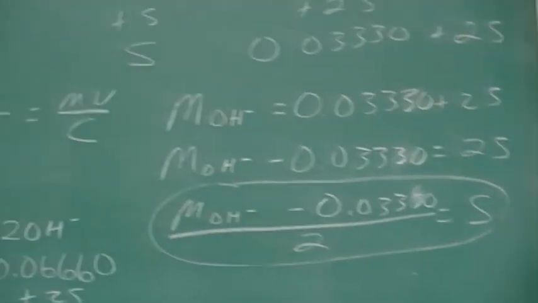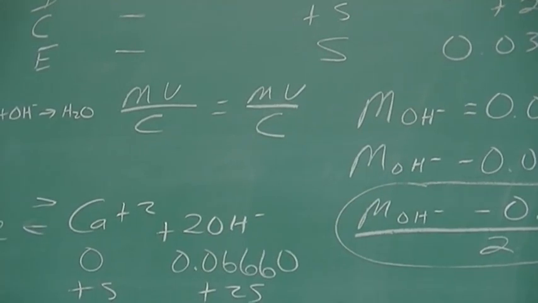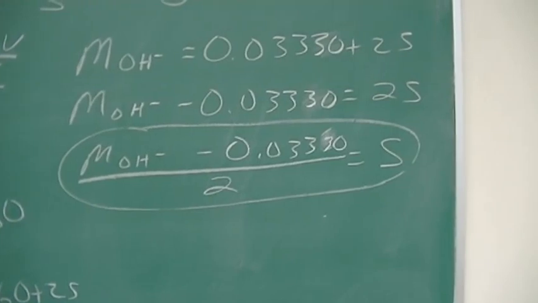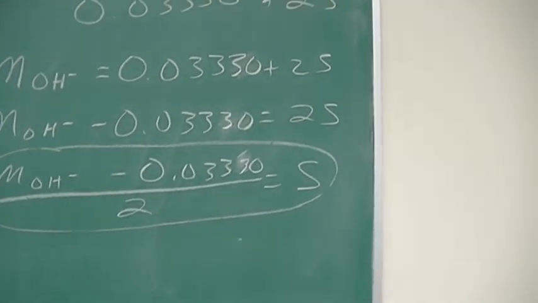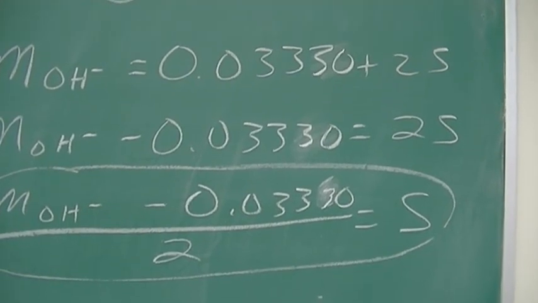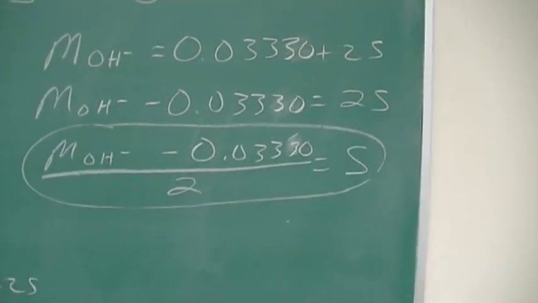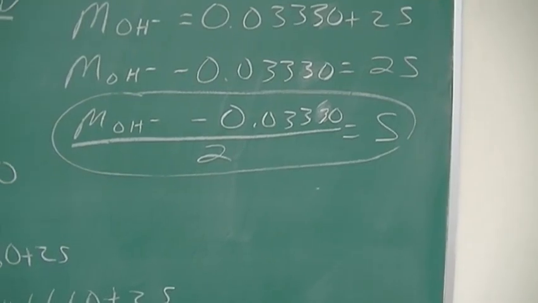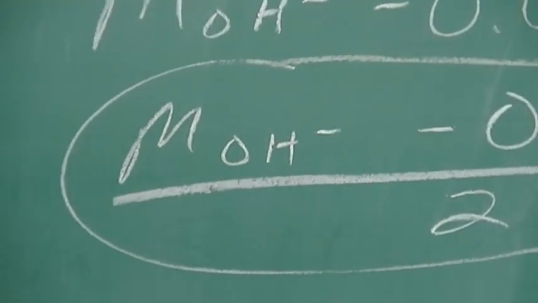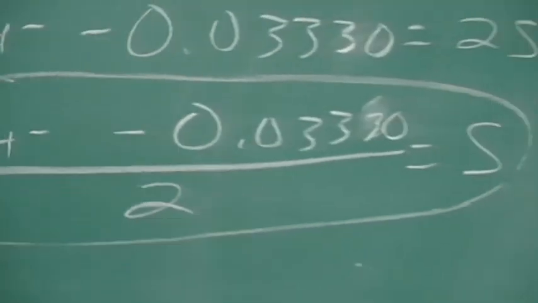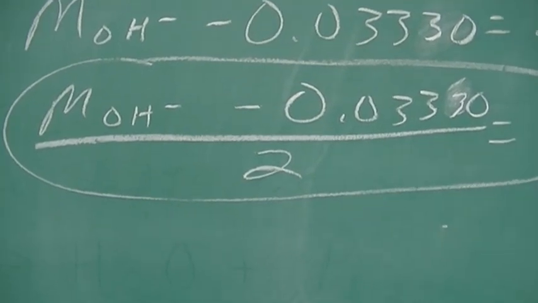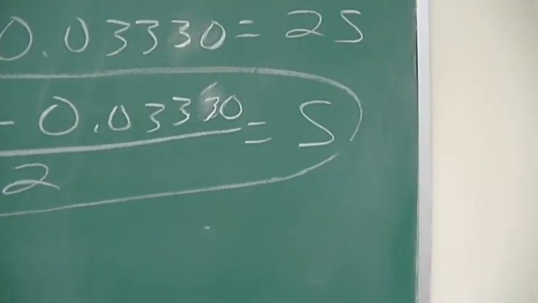You're calculating the molarity of your OH minus from the titration equation. And so to solve for S, you have to subtract 0.03330 from both sides, and then you have to divide both sides by 2. Once you know your molarity of OH minus, you subtract 0.03330, then you divide that by 2, and that will give you S.